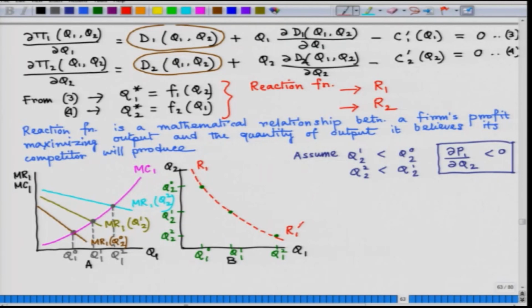So, this is firm 1's reaction function. These two diagrams in two panels, A and B, are helpful to find firm 1's reaction function. This graphical exercise can be repeated to find a similar reaction function for firm 2 as well. So, we will continue our discussion on oligopoly models in the next lecture.